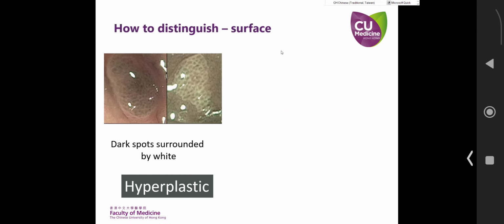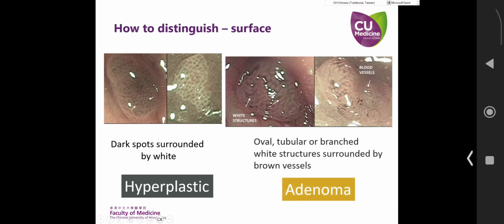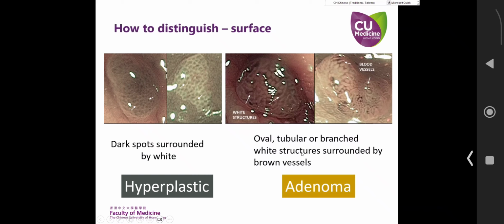For the hyperplastic polyps, usually the surface pattern will be quite whitish, I would say. But for the adenoma type lesions, it will be more circular and also oval-shaped, depending on the underlying pathology. But most of the time, it will be a circular or oval shape, quite different from the hyperplastic polyp.